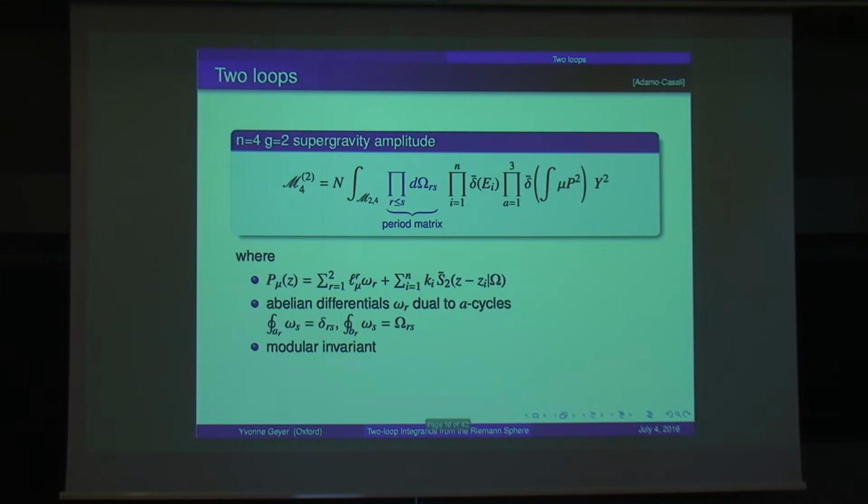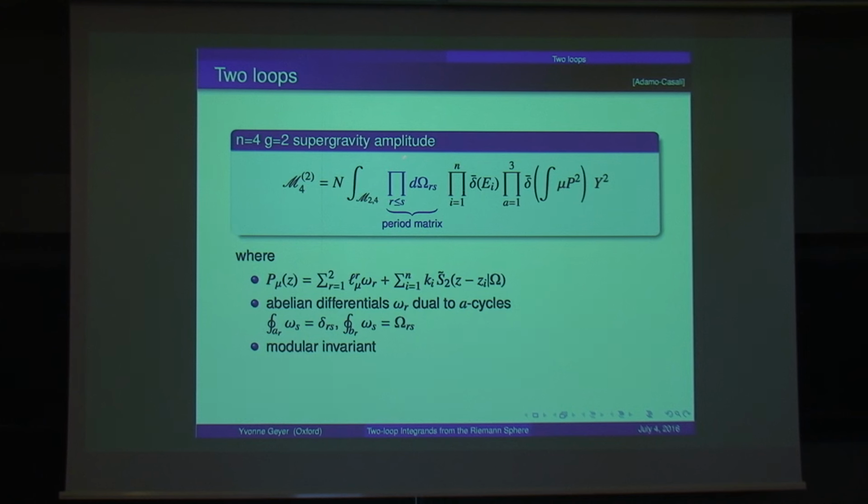What does this actually look like for 2 loops? Now, we can rely on some work by Tim Adamo and Eduardo Casali, who've worked this out from the pure spinor perspective and found the following expression. So I've condensed everything that we can factor out, so a lot of kinematic prefactors in this n.